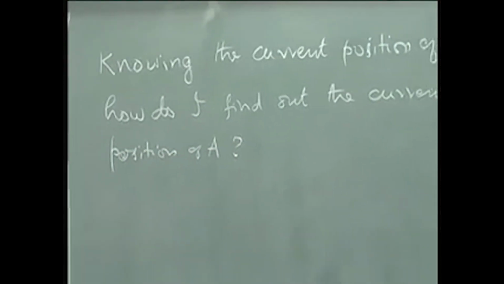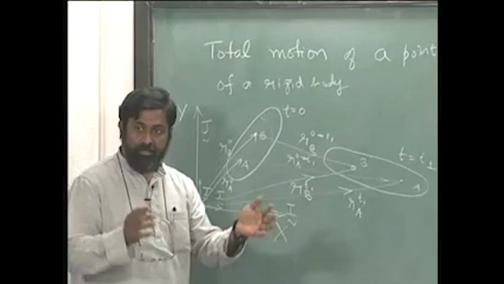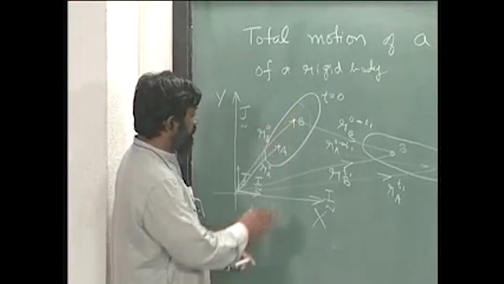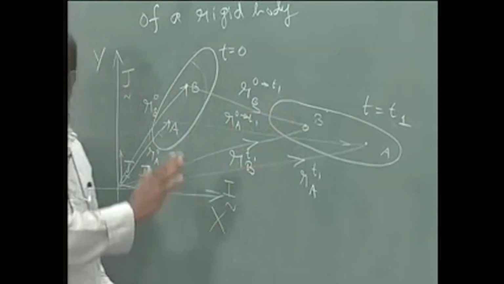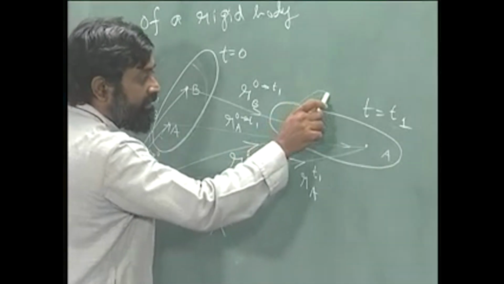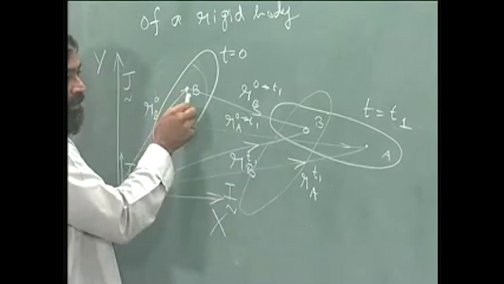So, in order to answer this question, we did an exercise over there trying to understand how the motion has occurred. Okay. Basically, I can look at this as a motion that has occurred as if there is no rotation. Okay. So, let us say something like this has occurred. These two are parallel to each other.